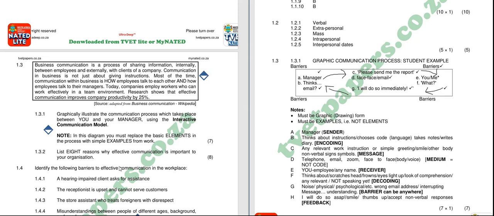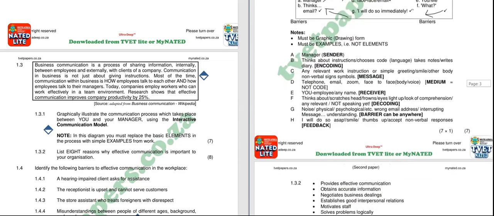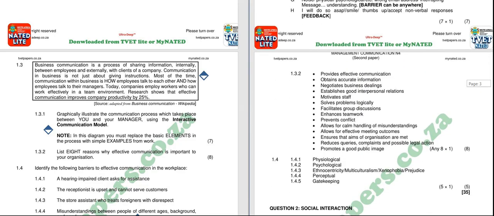Then moving on to 1.3.2: list 8 reasons why effective communication is important to your organization. I will say that these are the responses, whereby it provides effective communication, and also obtains accurate information and negotiates business dealings. This is what we have within that context.